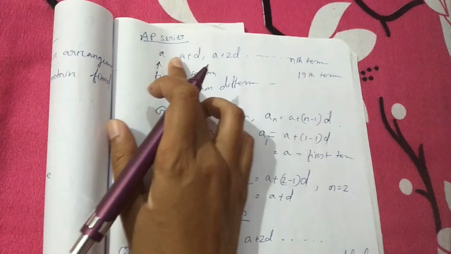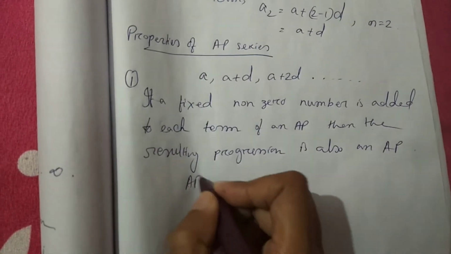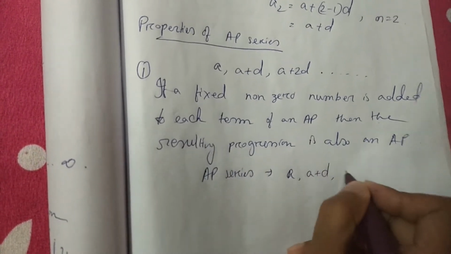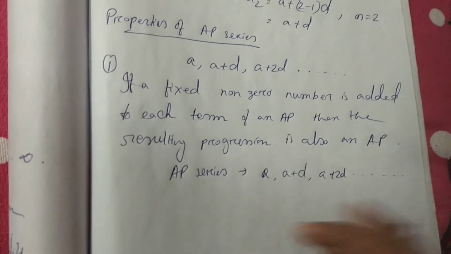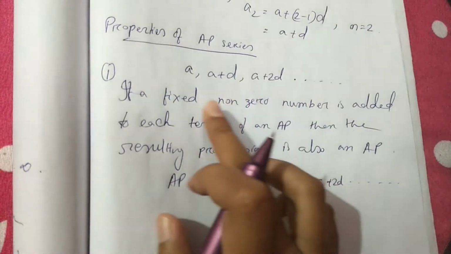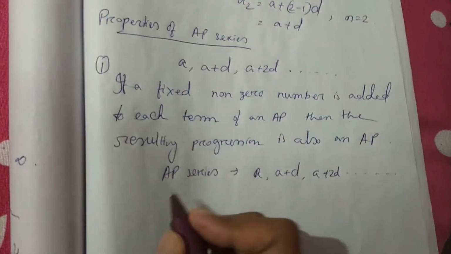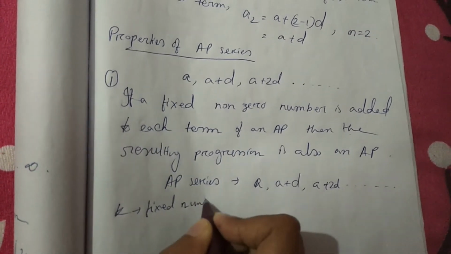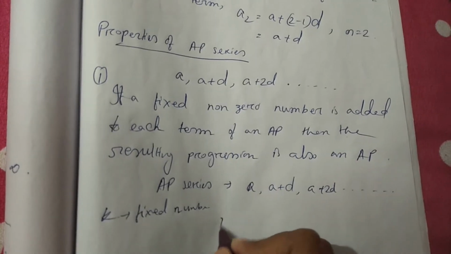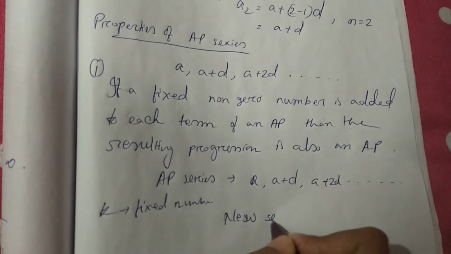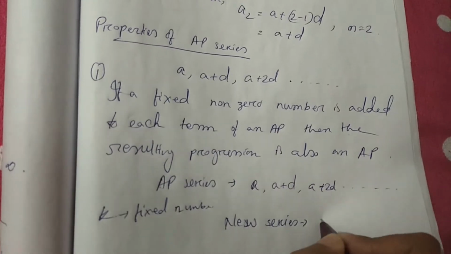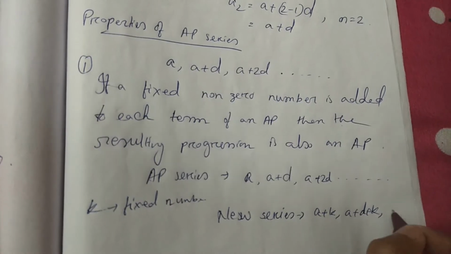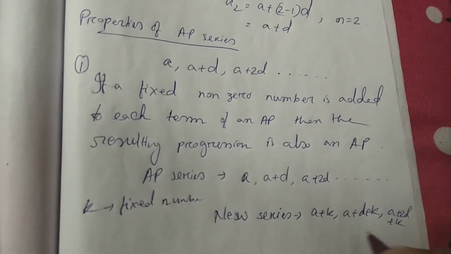Suppose this is our AP series: a, a plus d, a plus 2d, like this. Now if I add one constant fixed non-zero number k to each term, the new series will be a plus k, a plus d plus k, a plus 2d plus k, like this.